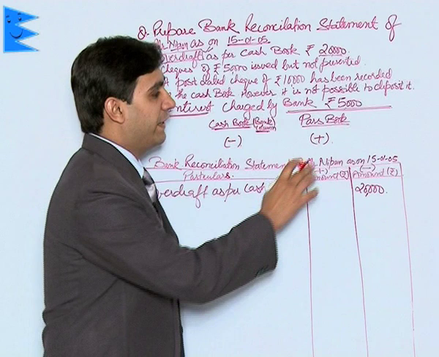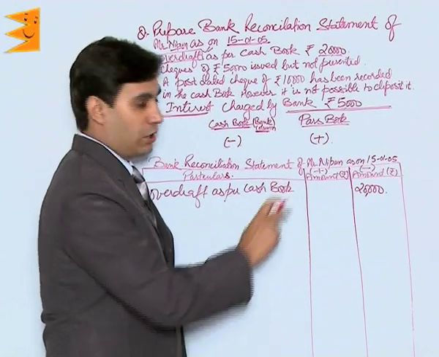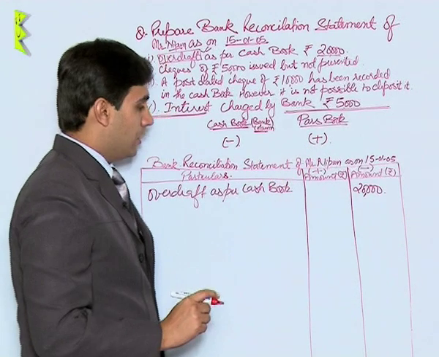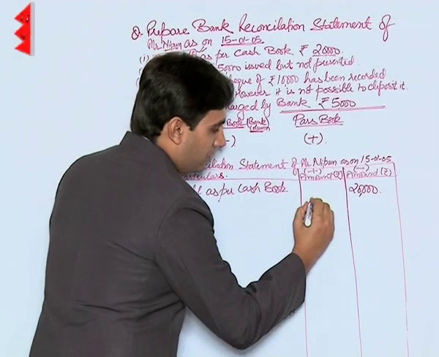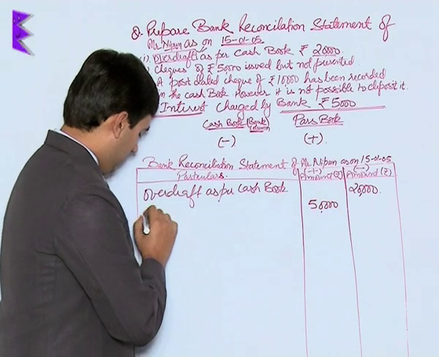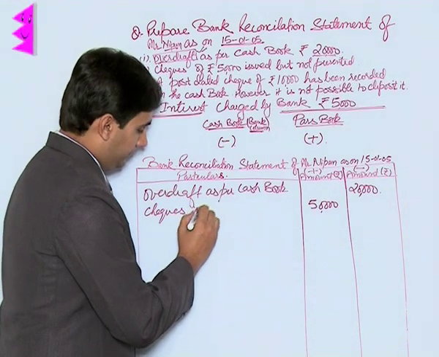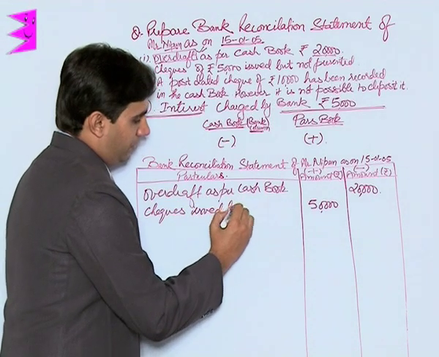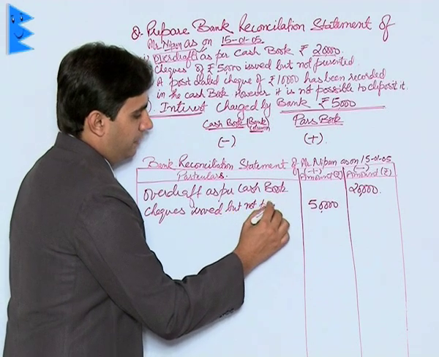Now we are required to find the balance as per passbook. Passbook shows a positive balance, or plus column. So this entry will be recorded on the plus side, 50,000 in the plus column, and in particulars we will write checks issued but not presented.